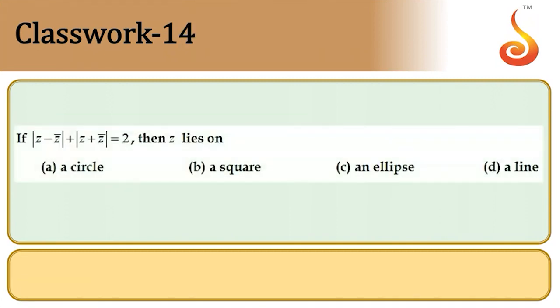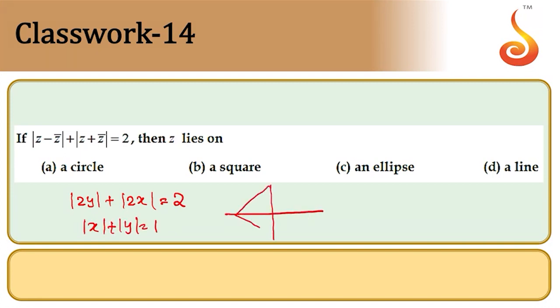Example 14, a simple one. z - z̄ will give you 2y. This is equal to 2, or |x| + |y| = 1. Clearly it is a square.